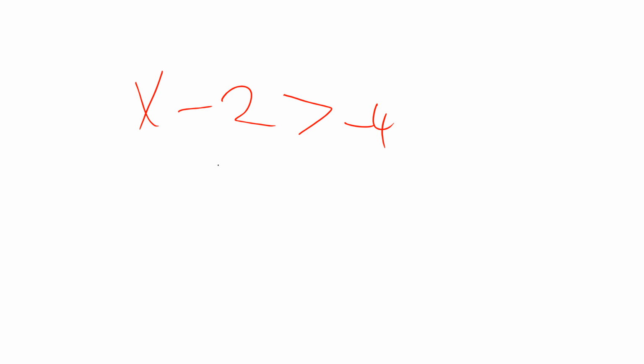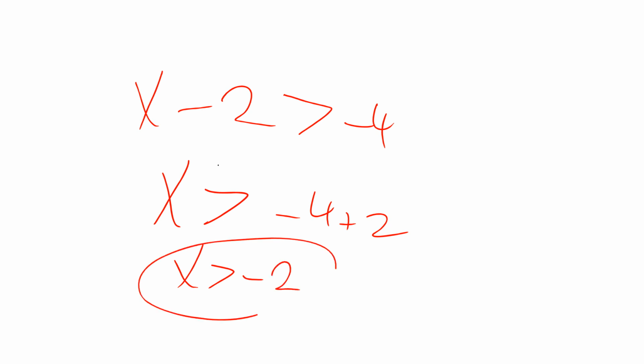So when we have this inequality, what we're going to do is we're going to solve. So we have x minus 4 plus 2, x greater than -2 is the solution. And obviously that's how you would solve the inequality for x.